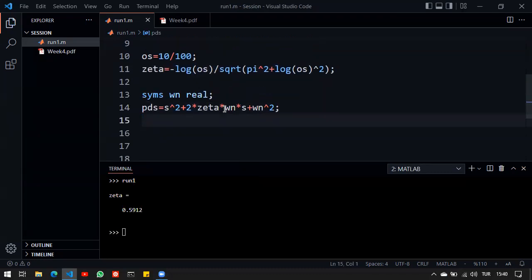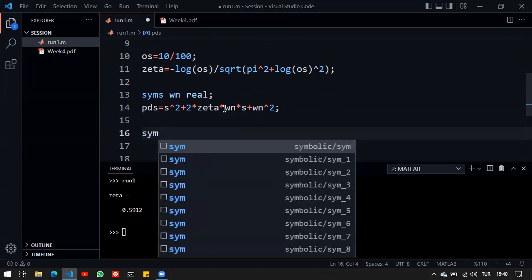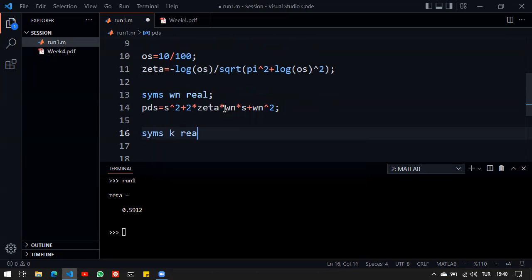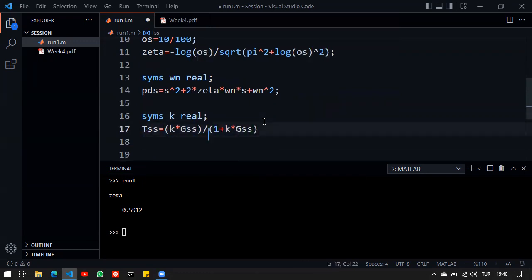Now I have to also work out what the closed loop actually looks like. So let's define K. And since we've defined GSS, we can get K times GSS divided by 1 plus K times GSS.